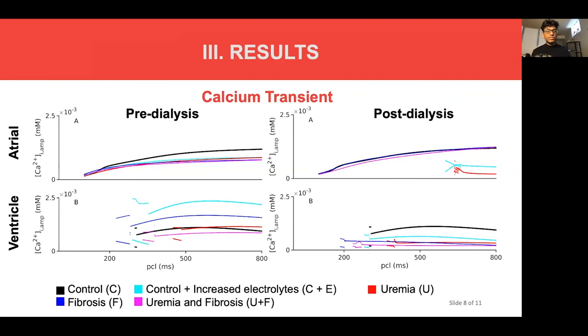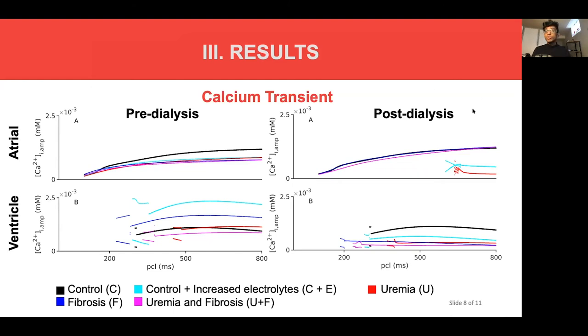Looking at the calcium transient restitutions, all the pre-dialysis cases in the atrial cell had very similar amplitudes, but overall less than the control. Apart from fibrosis in the ventricle cell, all other disease cases, most notably uremia here in red, have resulted in higher PCLs compared to the control.